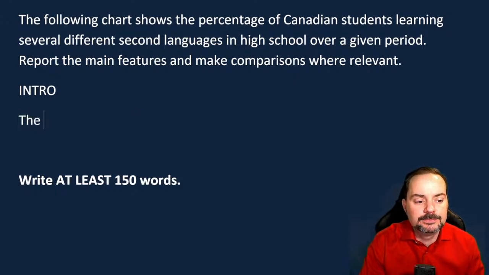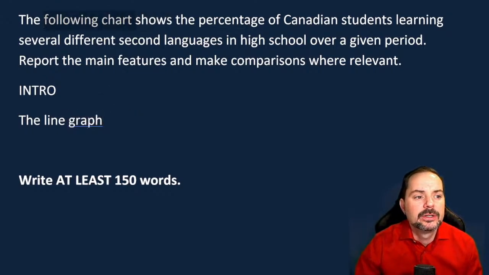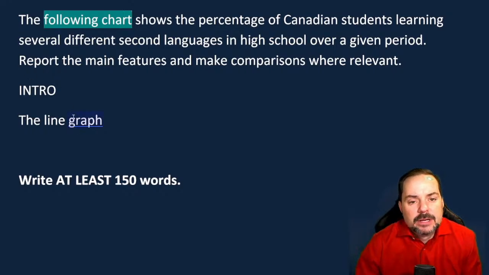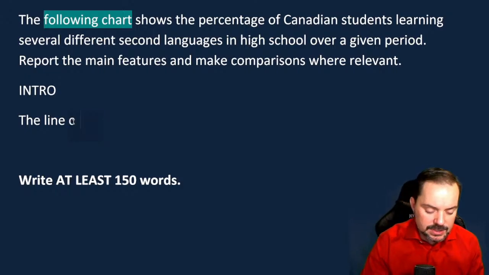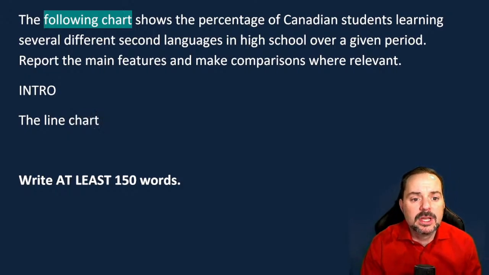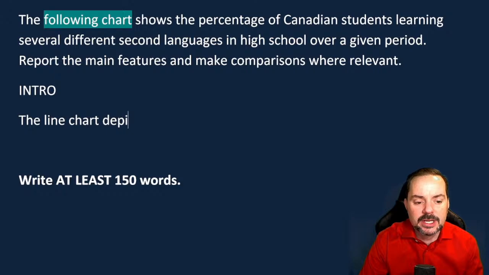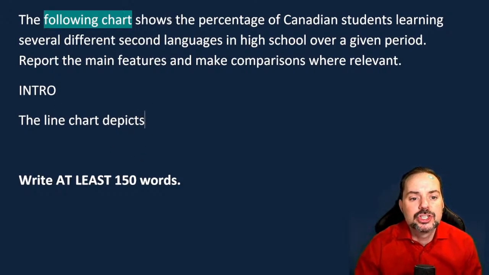So the line graph, okay, notice how it says the following chart here. Okay, I don't say following chart because I don't know if my reader sees it or not. Okay, and let's go chart. Let's keep the same. So the line chart shows, depicts. Okay, shows and depicts have the same meaning.